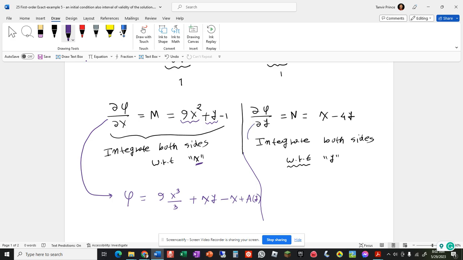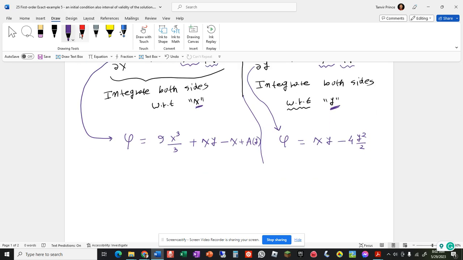Similarly, on this side, if I take the integral with respect to y, I get back the phi. Remember, y is the variable, x is the number. So the integral of x is xy, minus the integral of 4y, I have to copy that 4, and the integral of y is y squared over 2.